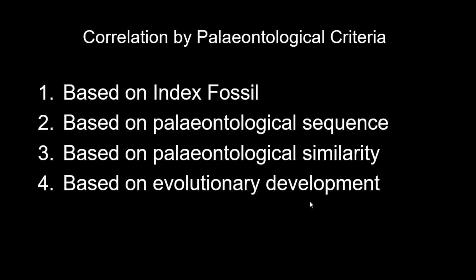And the last correlation by paleontologic criteria is the correlation based on evolutionary development. Sequences exhibiting progressive evolutionary advancement are believed to have been recognized in various groups of fossils.